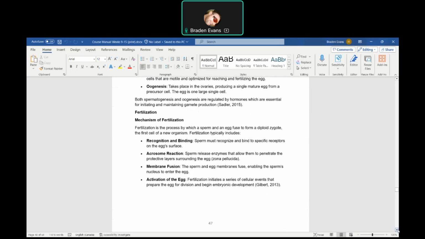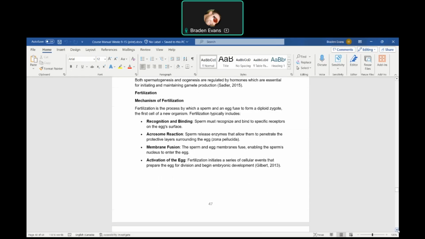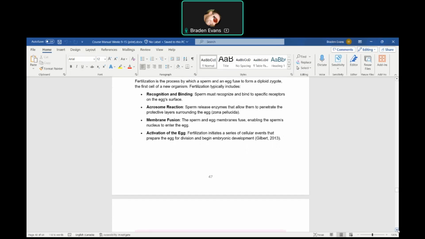And this is, as I mentioned, a great big giant single cell that gets fertilized by the sperm, okay? So obviously hormones play a role in the production of both of these gametes, and they are essential steps toward the fertilization process.